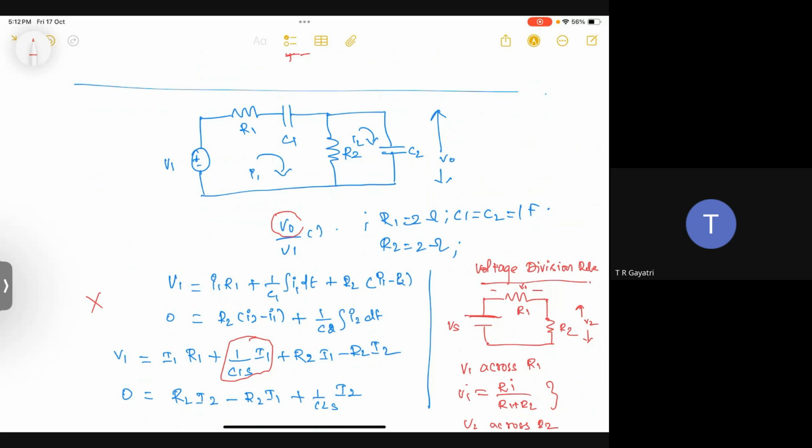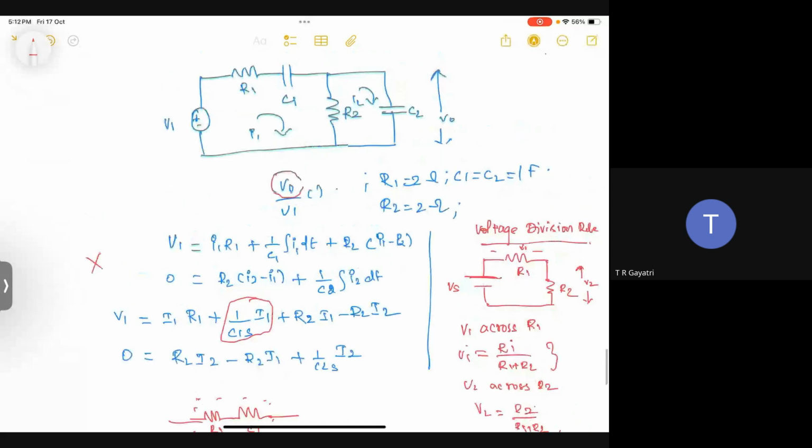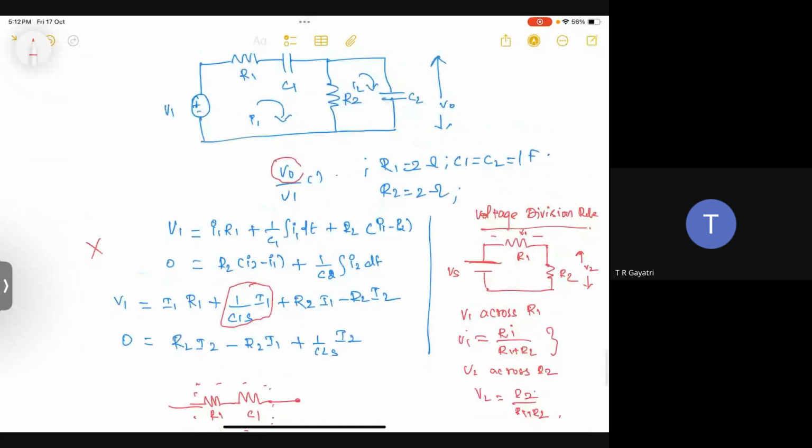So I am going to combine this into a single network where R1 and C1 are considered a single element together for better visualization, and this R2 and C2 are considered to be a separate element.